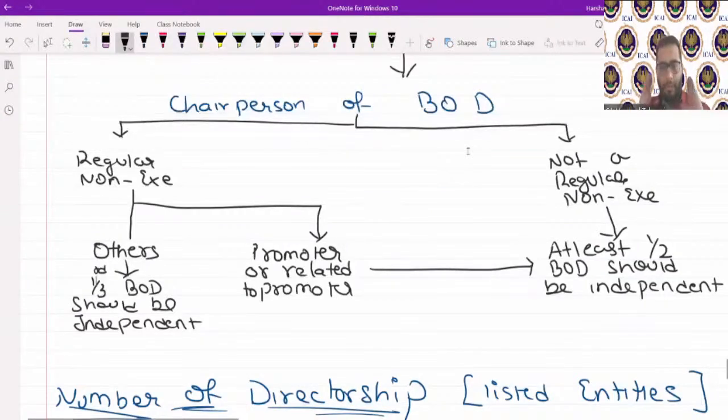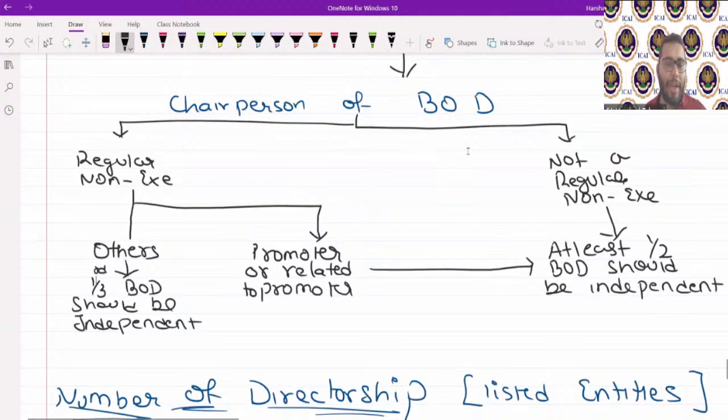I'll take a pause, see the notes, and if you want, you can review the notes at a later stage for your reference by pausing this particular point in the lecture. This is the composition of board that we discussed: one woman independent director for the listed top 1,000, and for others one woman director, 50% executive and 50% non-executive.